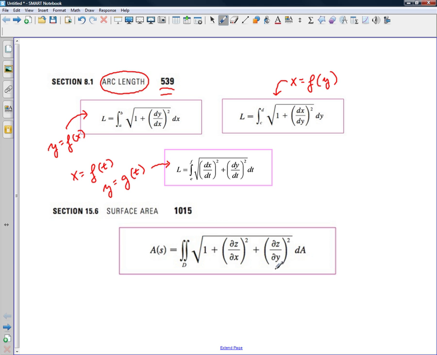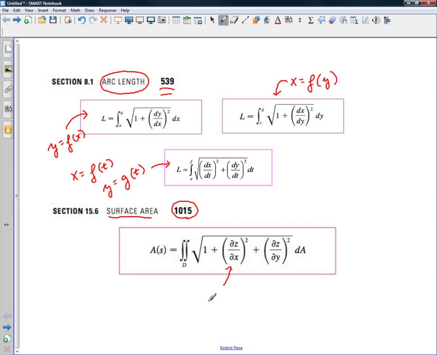If we come up to this next section where we're looking at surface area, and I pulled this equation, I believe, off of 1015, I thought it worth noting the similarity to what we were doing back in Chapter 8. And these are partial derivatives here, right?